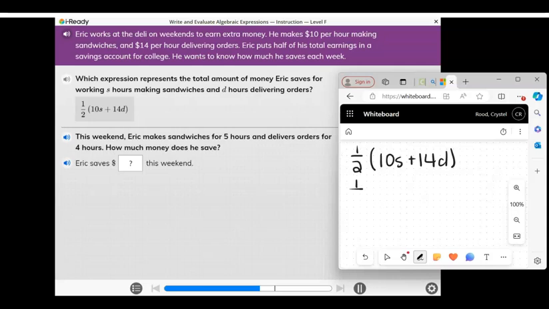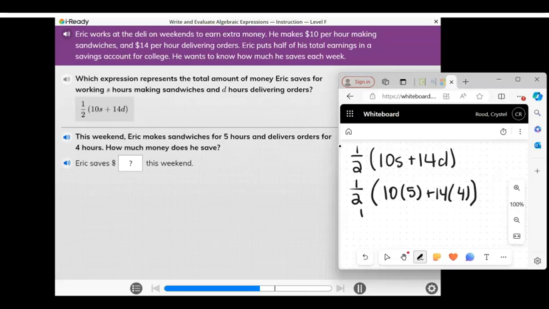So here I'm going to bring down the 1/2, 10, and I'm going to put parentheses to multiply. We have 5 hours plus 14 times 4. And so now we got to go ahead and multiply.